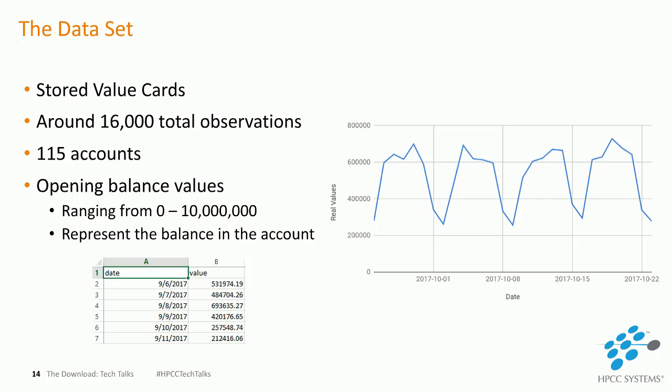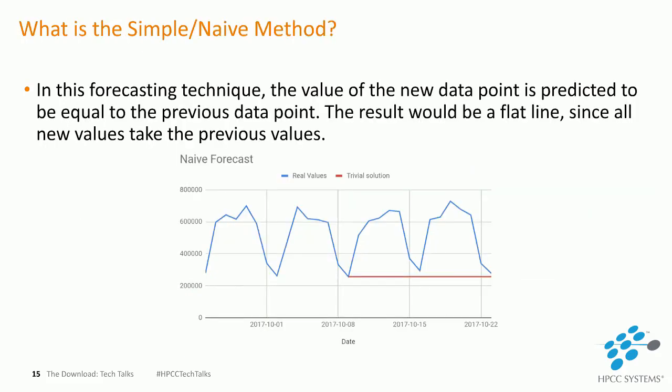And these were opening balance values ranging from 0 to 10 million, which would represent the balance in the account. And the graph on the right shows about a month's worth of this time series data. And we will use this graph throughout the rest of this presentation when referring to our forecasting models and comparing them.